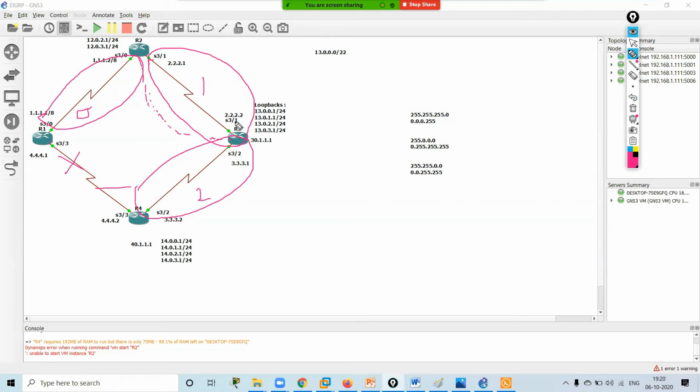A virtual link is a logical connection built between the area border routers. Virtual links are recommended for backup or temporary solutions only. Understood?